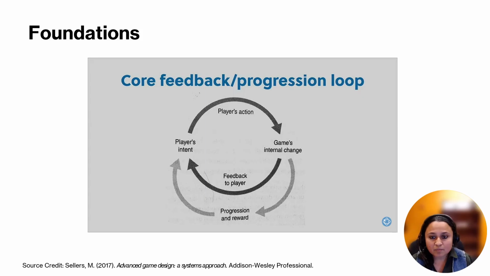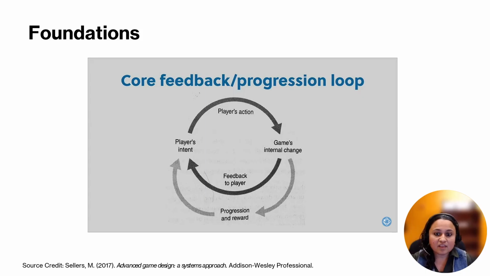This figure really provides that core loop which could be studied further to be applied in user research methods. So here it talks about the player's intent, which leads into the player's action, and then once the game undergoes its own internal change, the feedback is returned back to the player. That way it closes the loop. However, the player's action also has a progression happening in the game world, which could be rewarding and reinforcing the player's intent.